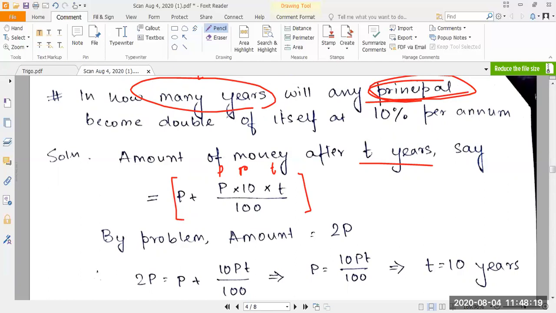It'll give me back an amount of 200. Again, if I invest 1000 rupees at 10% per annum for 10 years, it will give me 2000. So whatever principal amount I invest for 10 years, I will get back double of itself as amount. That is what the first sum says.